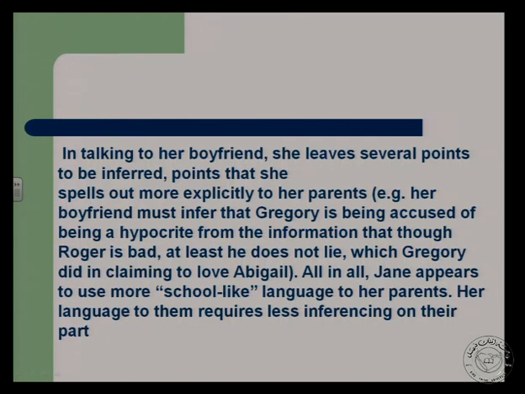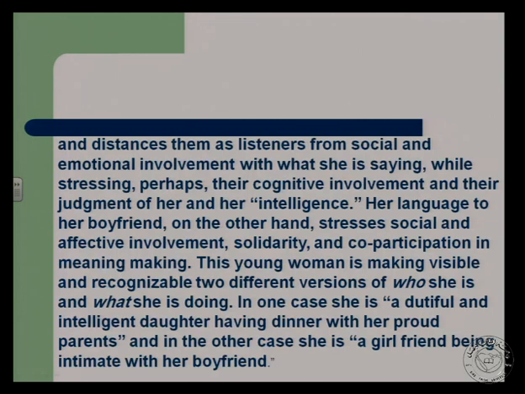Okay, all in all, and this is the most important point, Jane appears to use more school-like language to her parents. This is one social language. Her language to them requires less inferencing on their part and distances them as listeners from social and emotional involvement with what she is saying, while stressing perhaps their cognitive involvement and their judgment of her and her intelligence.